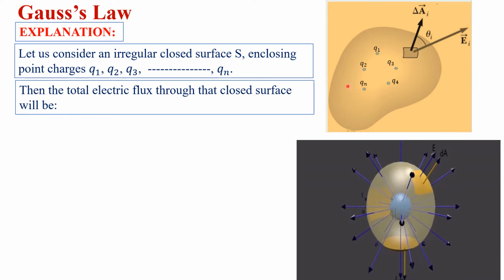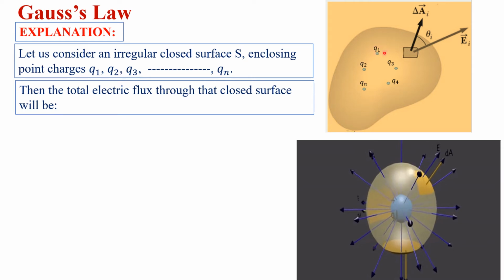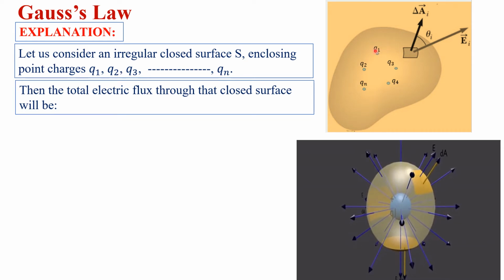Each charge possesses flux. So Q1 has flux phi 1, Q2 has flux phi 2, Q3 has flux phi 3, Q4 has flux phi 4, Qn has flux phi n.